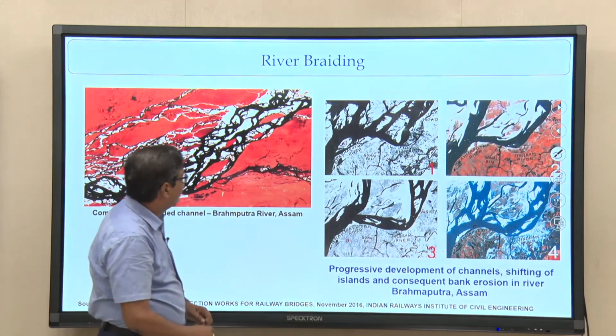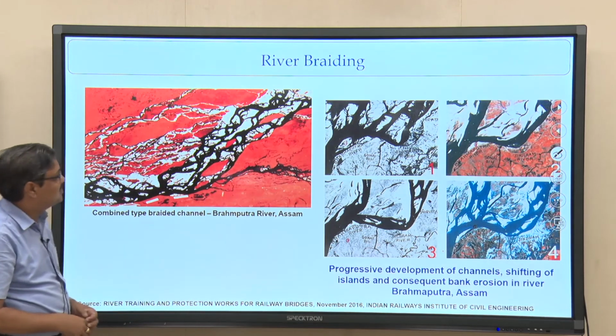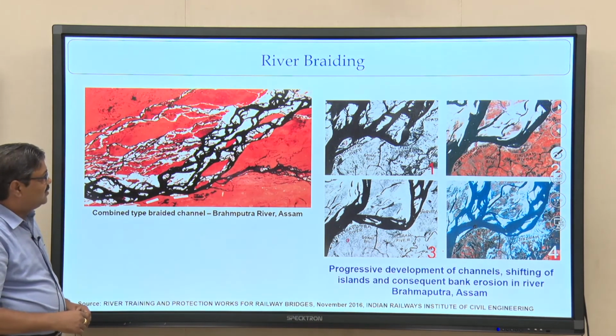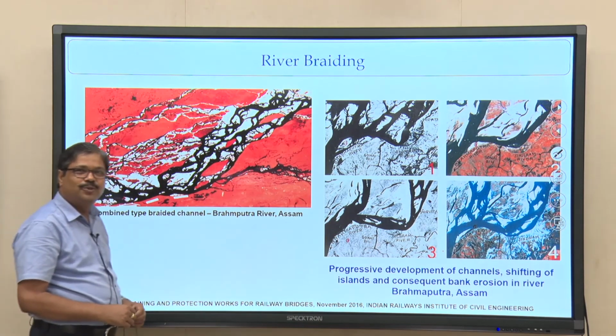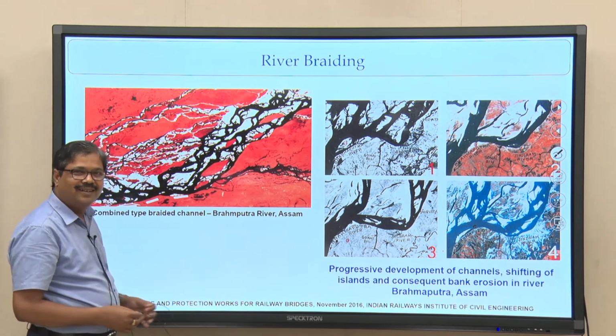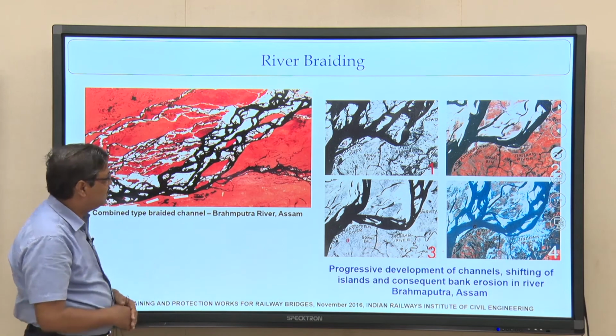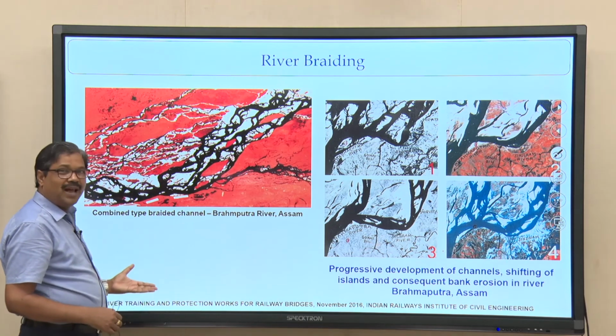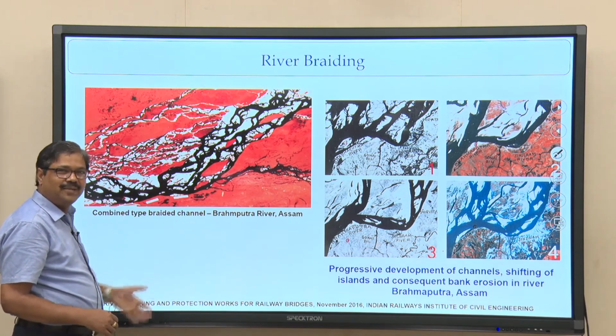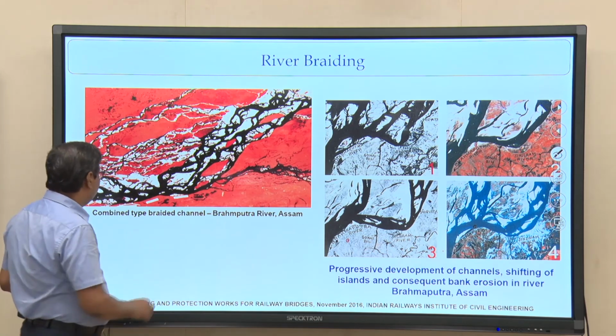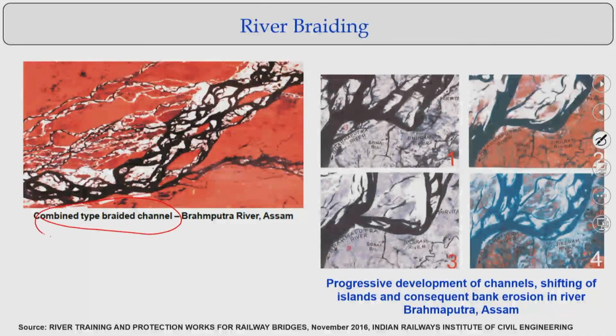Now, let us look at a very interesting part. Many times we show the Brahmaputra river, one of the rivers where everything changes very fast: river planform, river geometry, sediment transport are too dynamic. You can see this combined type of braided channels.